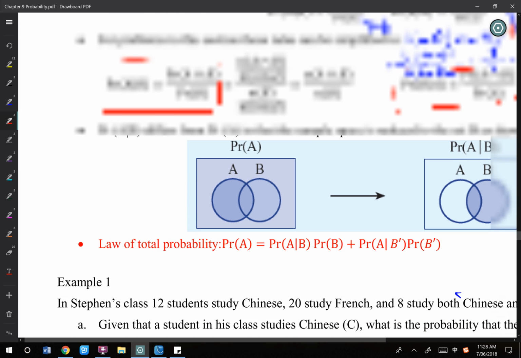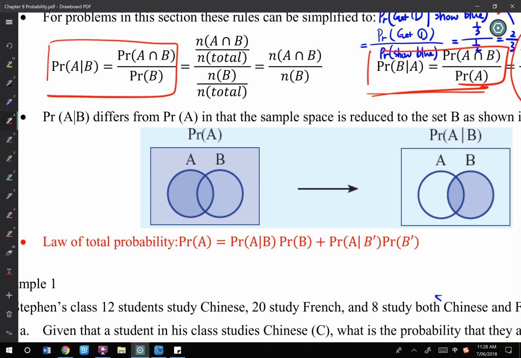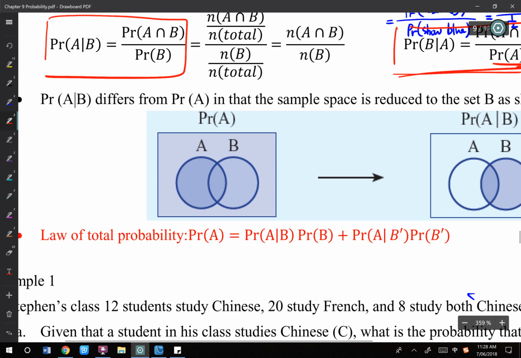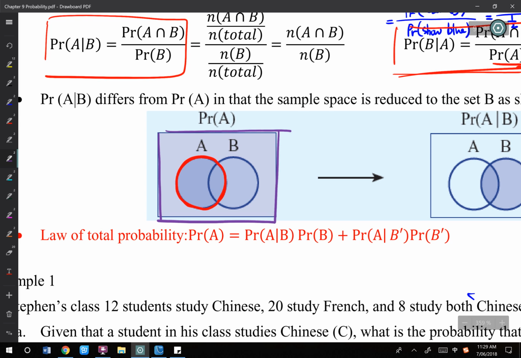Now, what's the difference between probability of A intersect B and probability of A? Probability of A, if you think about area, will be this area over this area. If the area is in proportion, that will be the red area divided by what can happen in total.